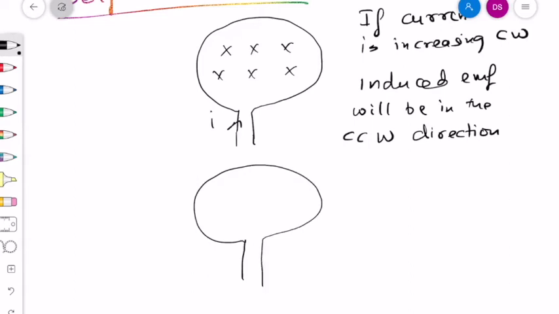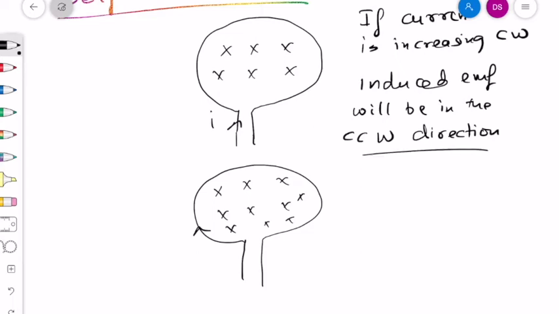You've got a clockwise current that's decreasing. So the loop will see a magnetic field pointed into the board, which is getting weaker. To counteract that, the loop will try to make its own magnetic field point into the board so that it can help the dying magnetic field. And so the induced EMF in that case will be in the clockwise direction.